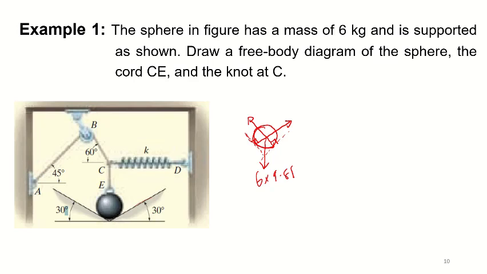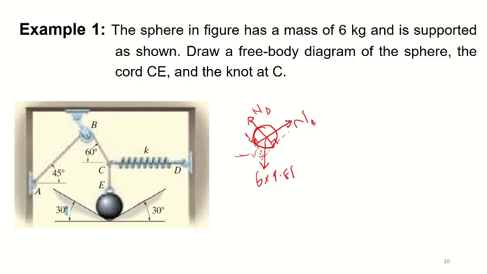So for these forces we don't know the magnitude, but we can calculate the direction. If we take this one as 30 degrees, let's label this as N A and this as N B. There is another force from this cable.